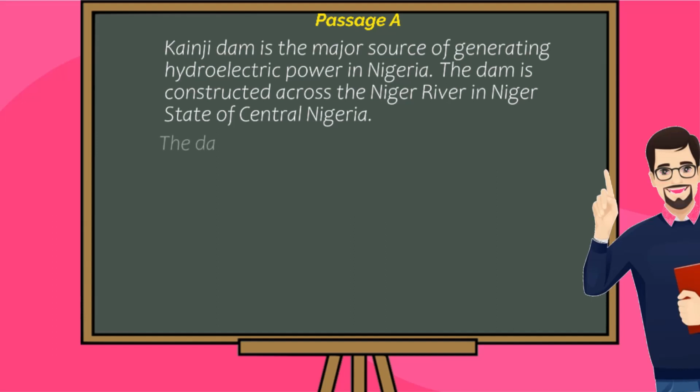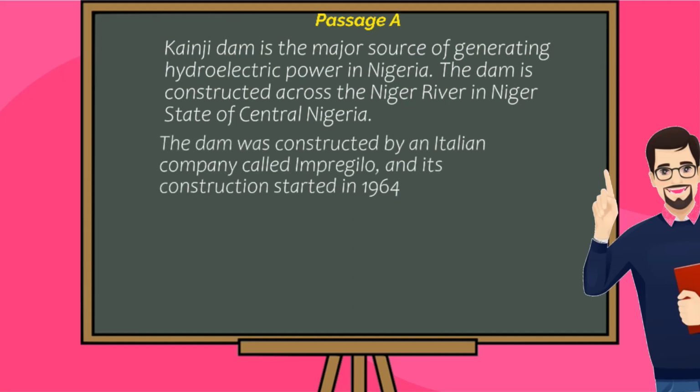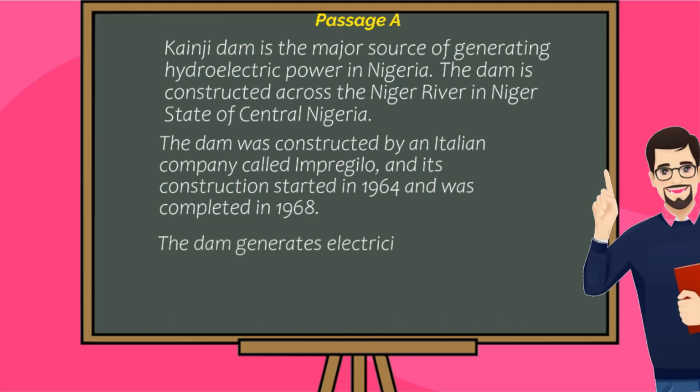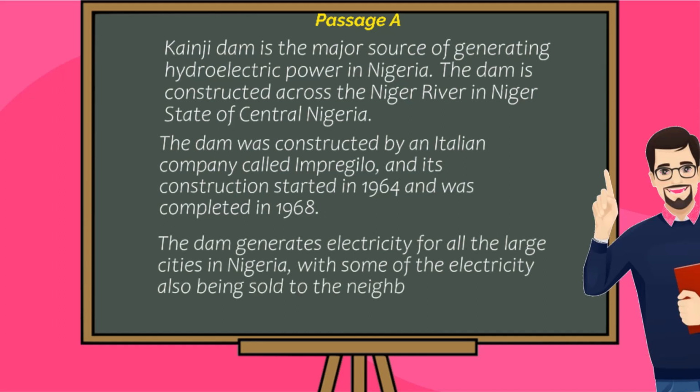The dam was constructed by an Italian company called Impregilo, and its construction started in 1964 and was completed in 1968. The dam generates electricity for all large cities in Nigeria, with some of the electricity also being sold to neighboring country Niger.